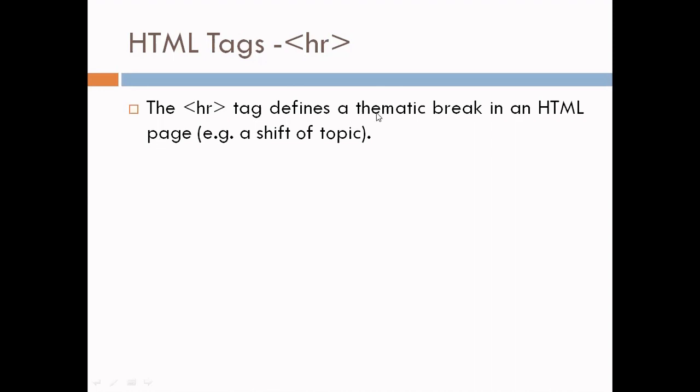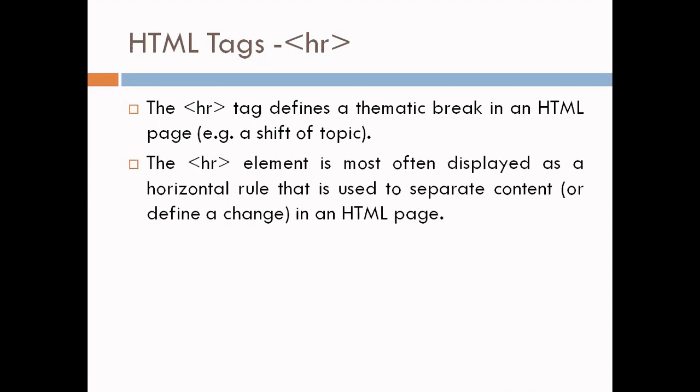Thematic break means it will display a horizontal line and move the control to the next line. The HR element is most often displayed as a horizontal rule that is used to separate content in an HTML page. So suppose we want to separate content in our web page, in that case we can use an HR tag.